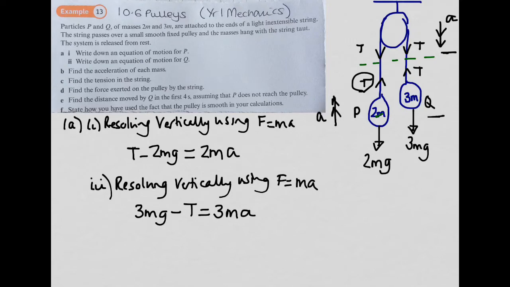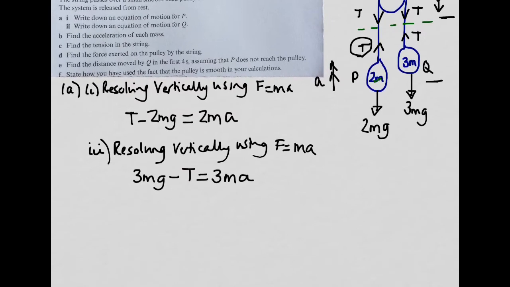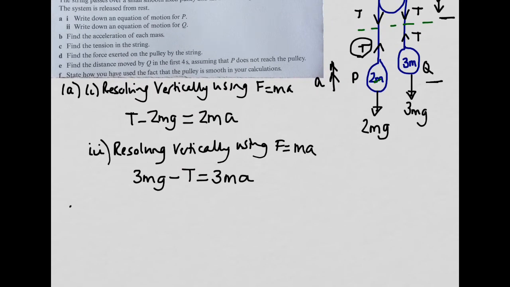Moving on now to part B. Part B asks us to find the acceleration. To find the acceleration, I have above in part A, part 1, one equation which has T and a in it, and in part 2 I have a second equation. So I can use simultaneous equations to find a.